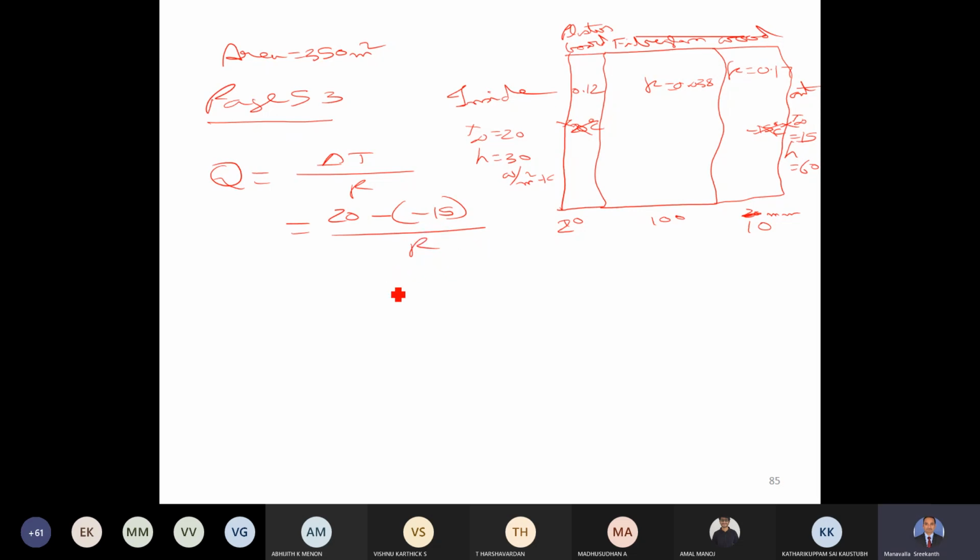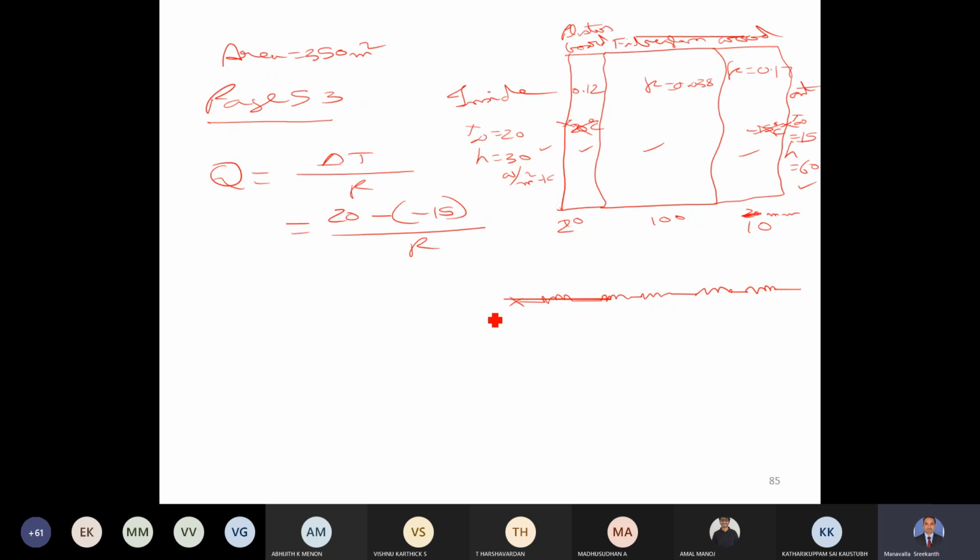Now we have to find the value of R, the total resistance. How many resistances are there? Firstly, the convective resistance here, conduction resistance here, conduction resistance here, conduction resistance here, and finally convection resistance here. So 5 resistances are there. Let me draw the resistance diagram just below: 1, 2, 3, 4, 5.